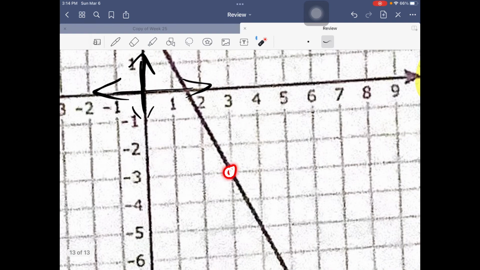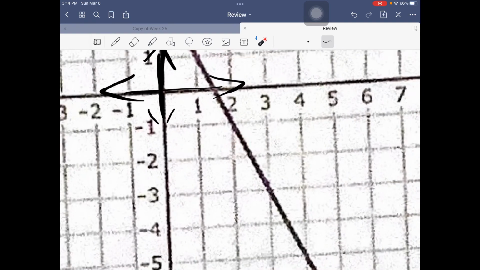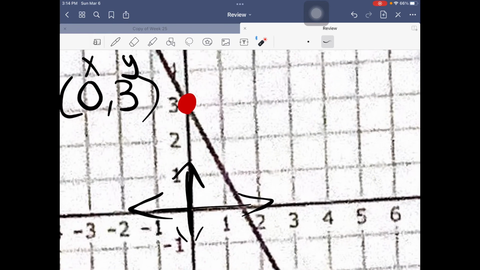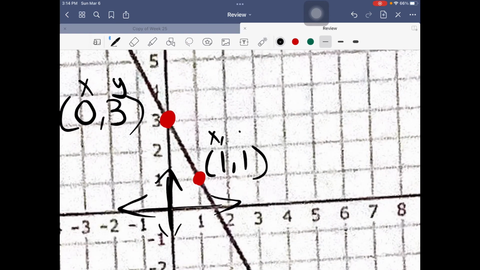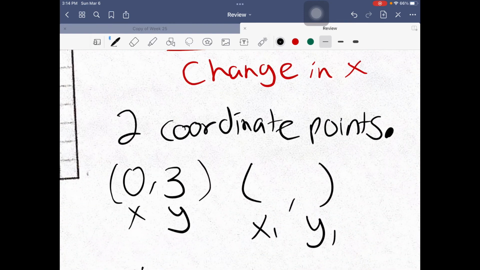Over here it's crossing exactly. If I choose something like this, I would have to kind of guess. Maybe it's 1.6, maybe it's 2.3, things like that. We want to avoid that. And mira, another one right here. This would probably be the easiest one to do. We found another point, 1, 1. Let's use that one, and that's all we need. It's x1, y1. Ahora, 1, 1.